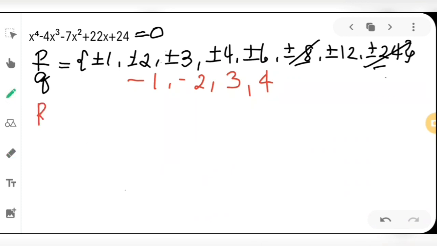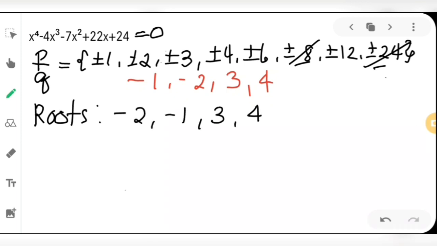The roots are, we have negative 2, negative 1, 3, and 4. And the factors are, the shortcut here again is to change the sign of the root and then write x as your leading term.